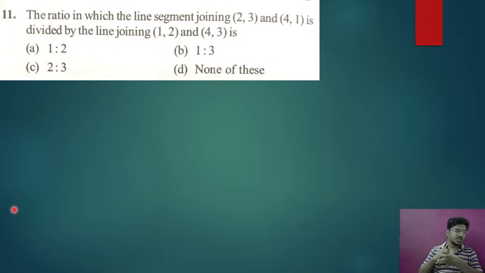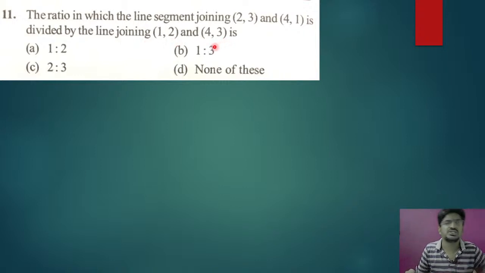See how interestingly they have given a very good problem: the ratio in which the line segment joining 2, 3 and 4, 1 is divided by the line joining 1, 2 and 4, 3.